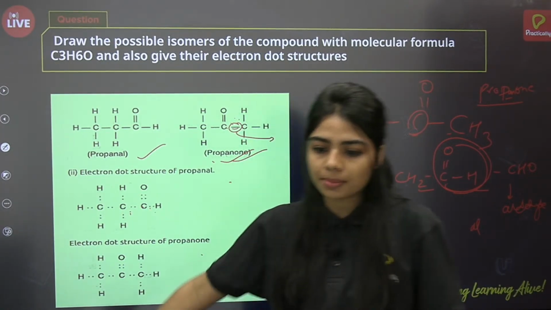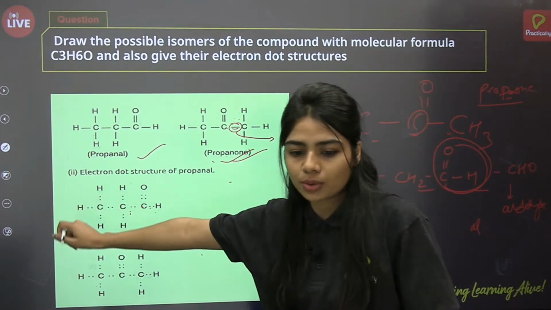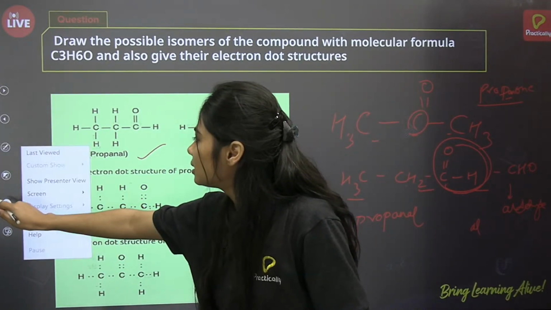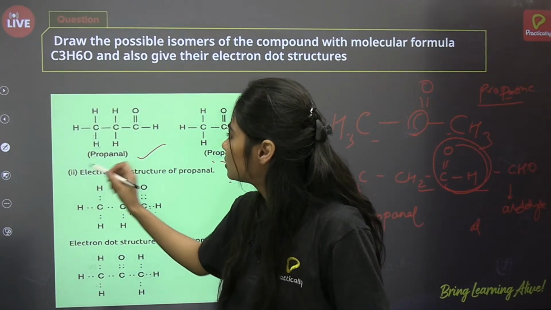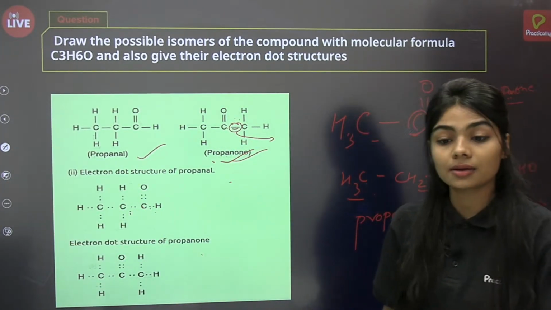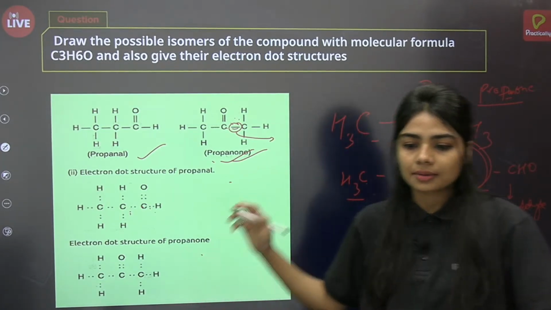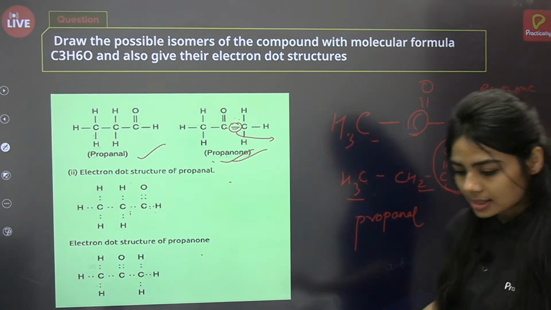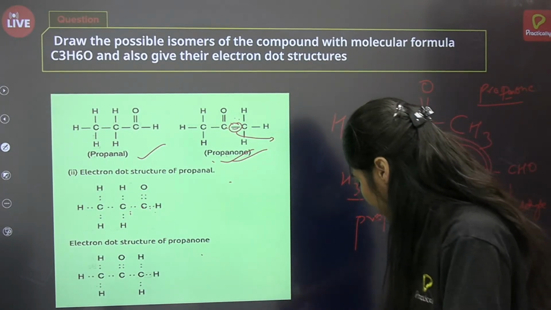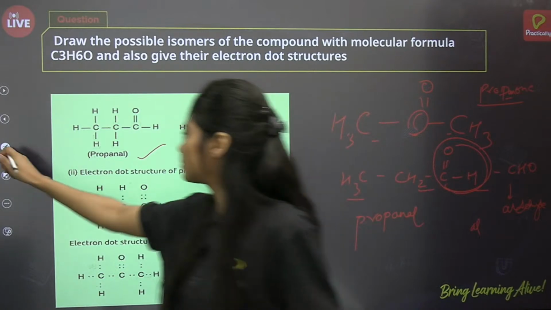Ma'am, we are not able to see the red color. Okay, okay. I'll just change the color. Okay. So here, look, I will write this again so that you can easily see. Okay.